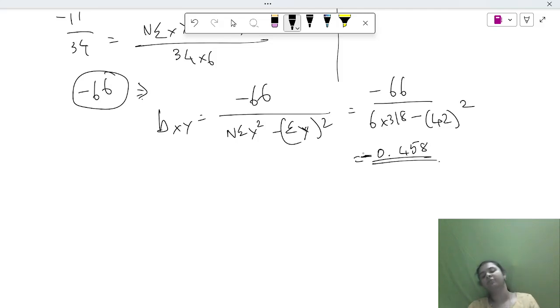Yeah, 11 by 24. Minus 11 by 24. Anyways, whether the answer is in decimal or fraction, you can choose accordingly.